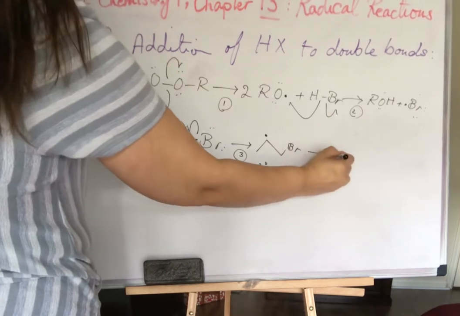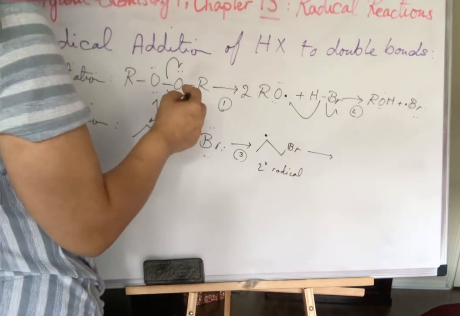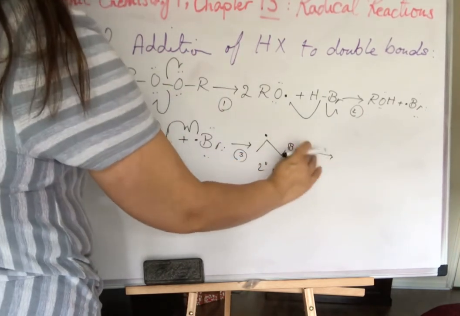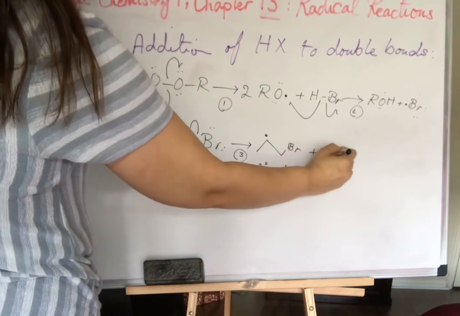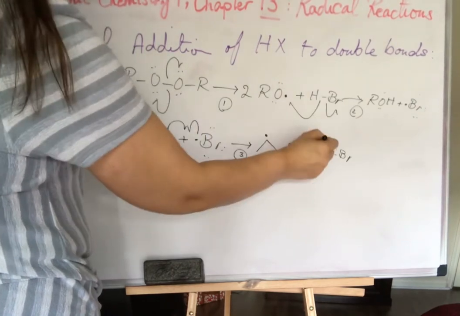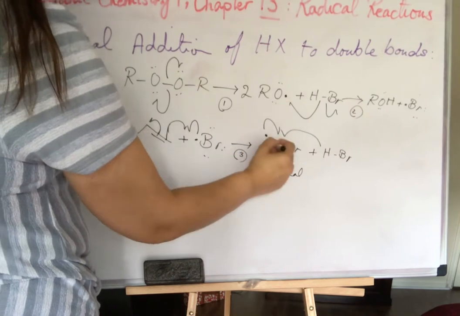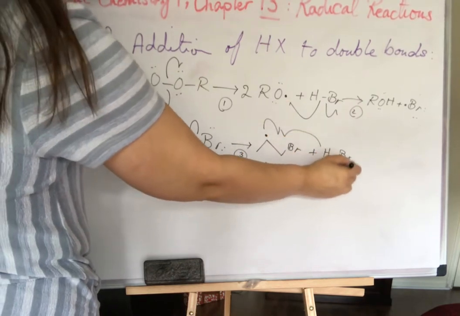Then we will have the HBr, another HBr. And then we have bromide.